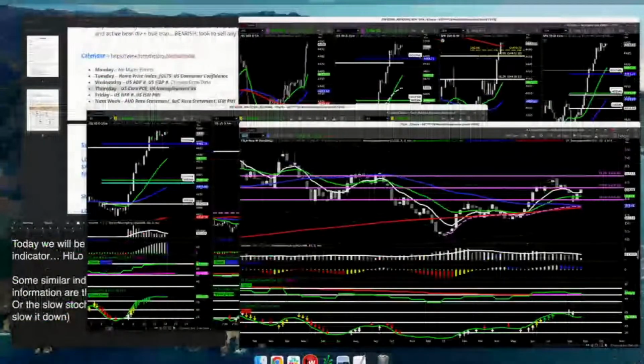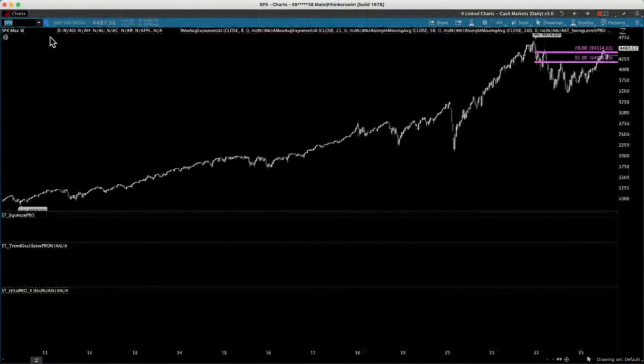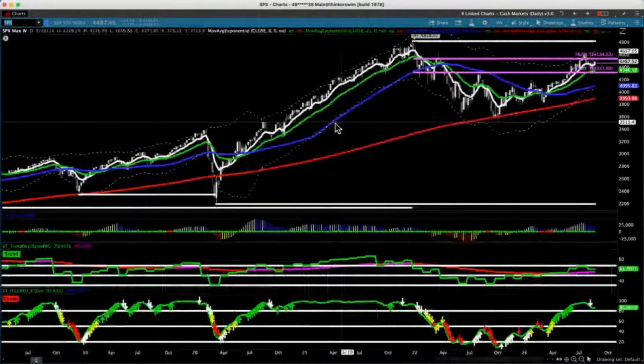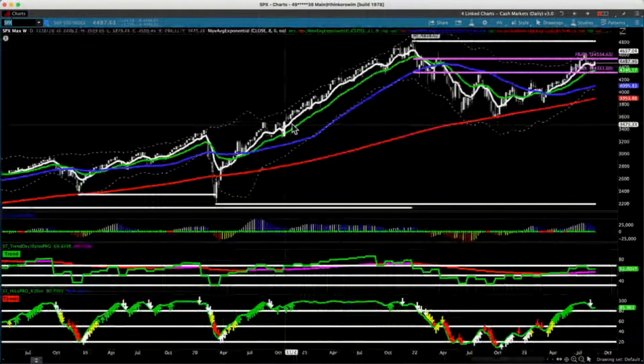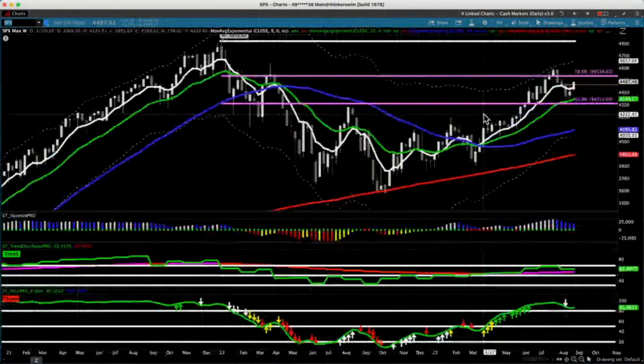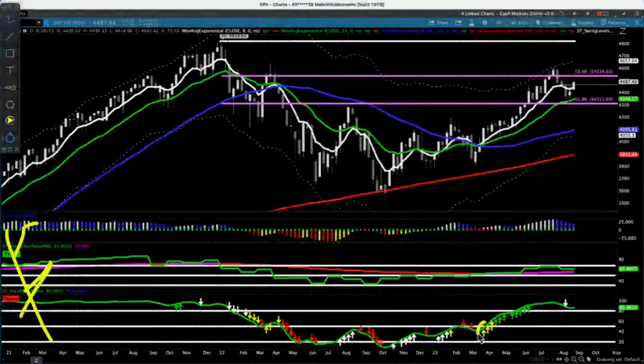SPX weekly. I thought you'd never ask. So an SPX weekly is pretty clean. Gave you buy signals at the end of March.